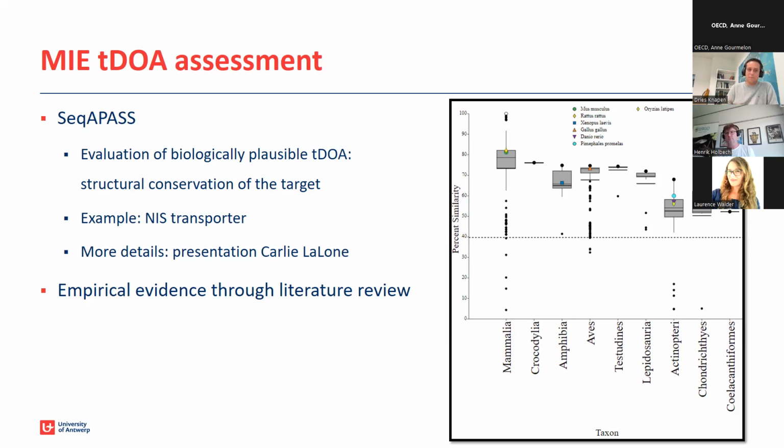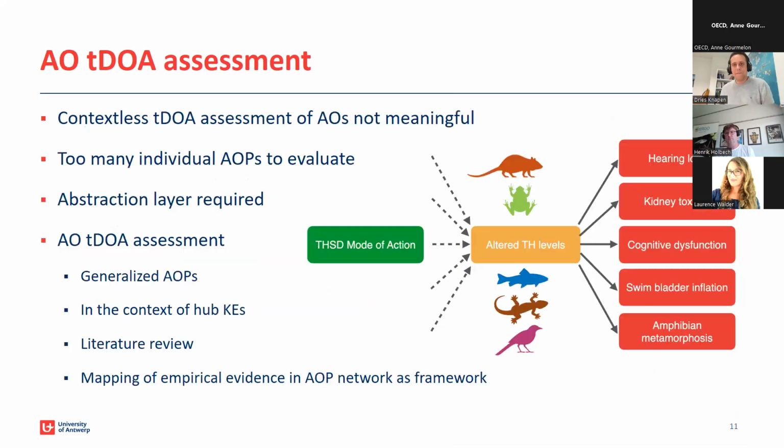You can see an example of such an analysis in the graph here, which provides evidence for a biologically plausible taxonomic domain of applicability, which we then supplemented with literature review and empirical evidence of these key events or MIEs actually occurring in these different species. This was the first step that we did. So basically we started at the left, at the beginning. And then in the next slide, this is where we really were wondering how to proceed next in terms of assessing this.